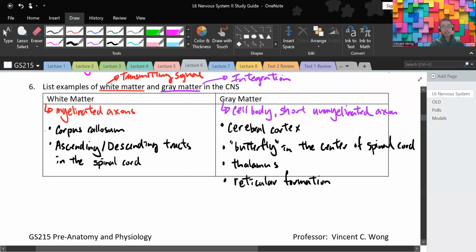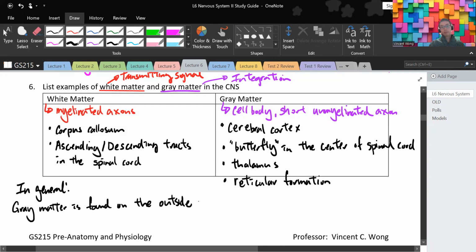Something that I keep on mentioning in class is the fact that, in general, gray matter is found on the outside of the brain and inside of the spinal cord, whereas white matter is the other way around.